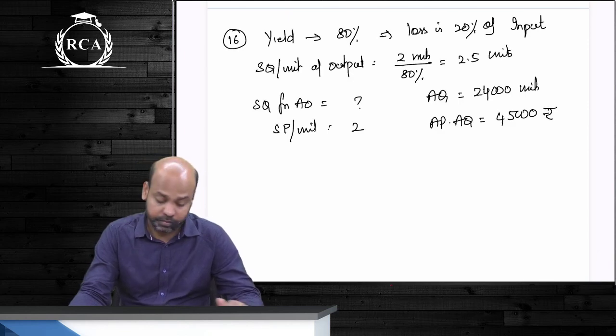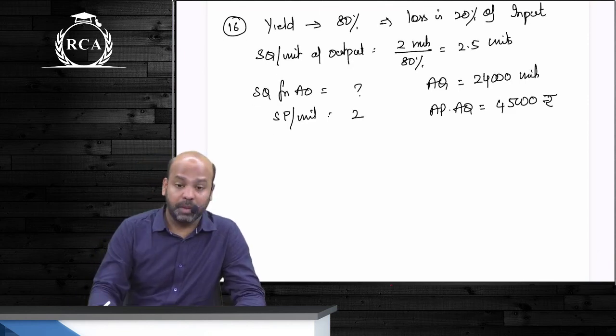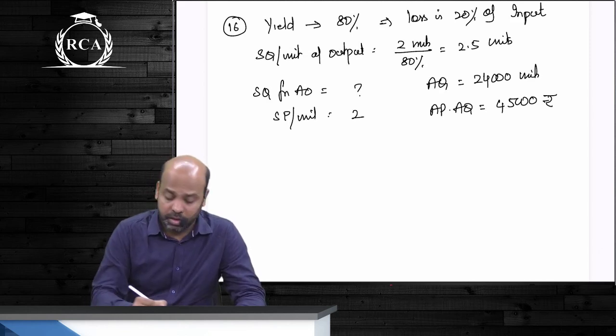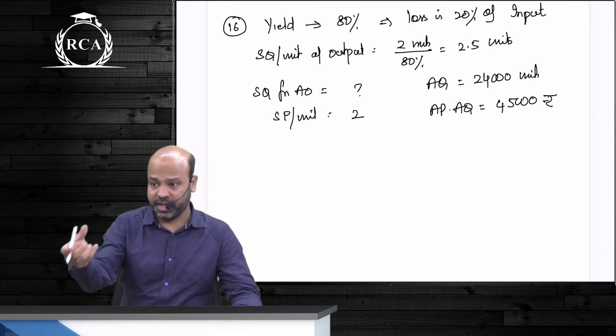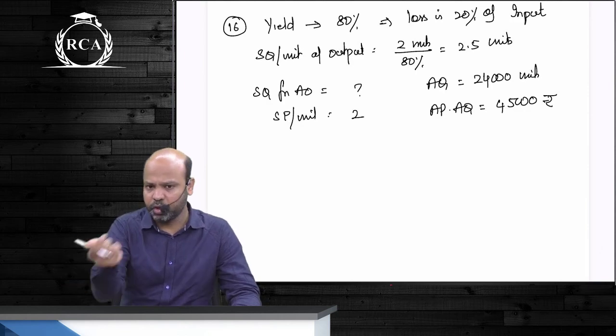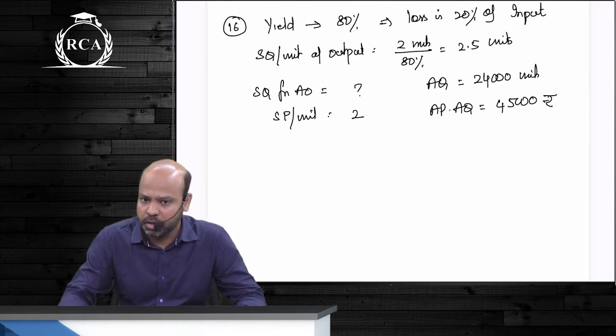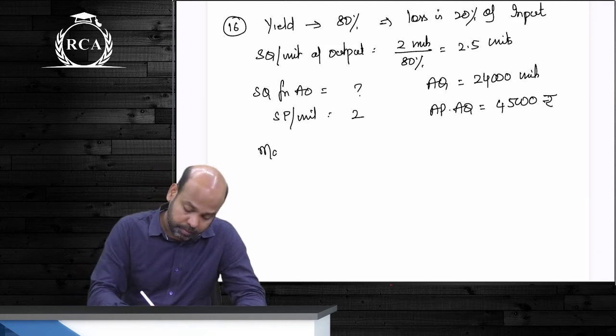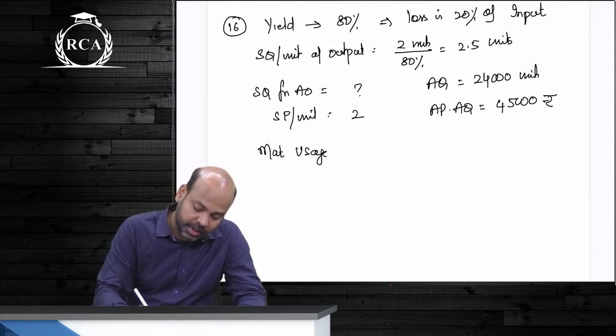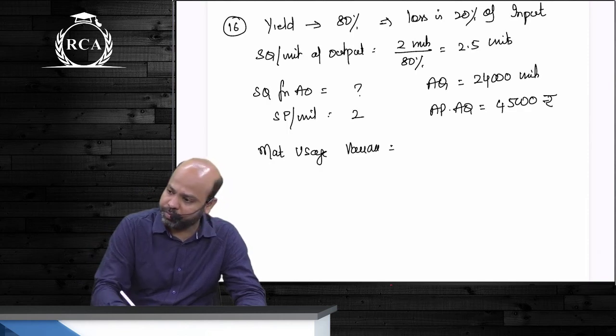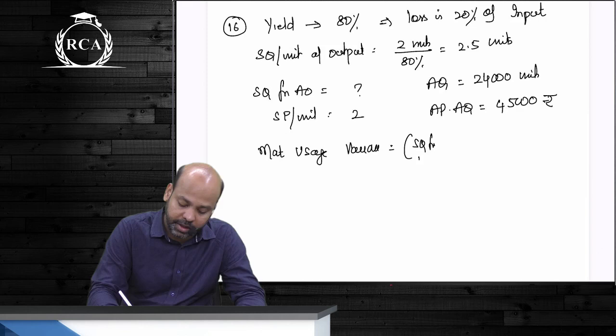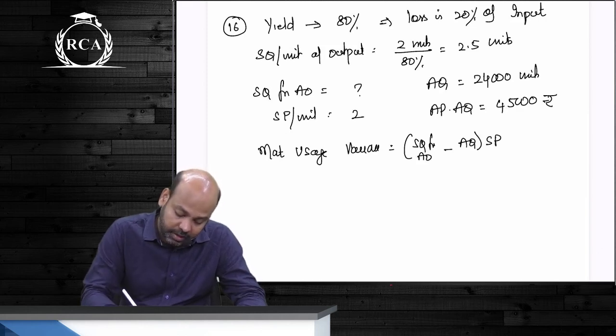Next, beta. Now what do we need to compute? Use material usage variance, get SQ for AO. The minute you get SQ for AO, you can compute actual output. Material usage variance is given in the question. The formula for that is standard quantity for actual output minus actual quantity, into standard price.